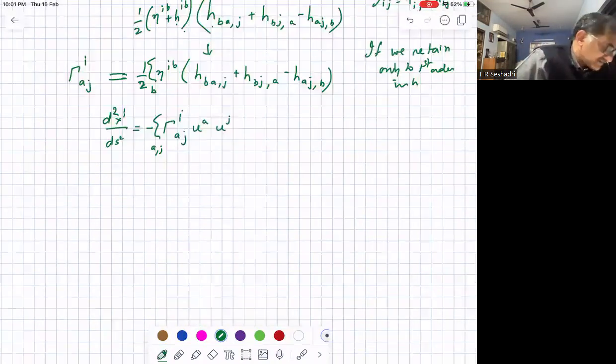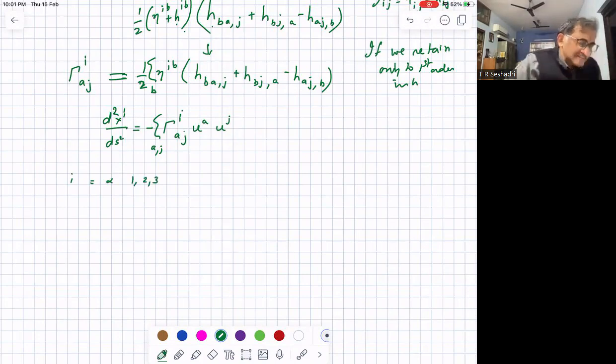Now, what is the Newtonian acceleration? I will have I equal to alpha, which is 1, 2, 3, because I'm looking at only spatial sections. And ds goes to dt in the Newtonian limit.